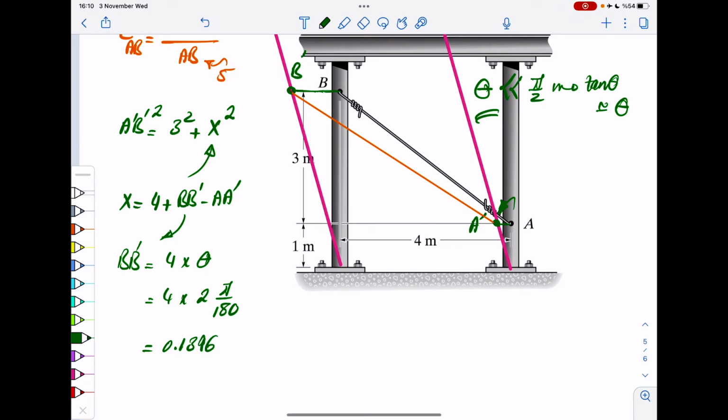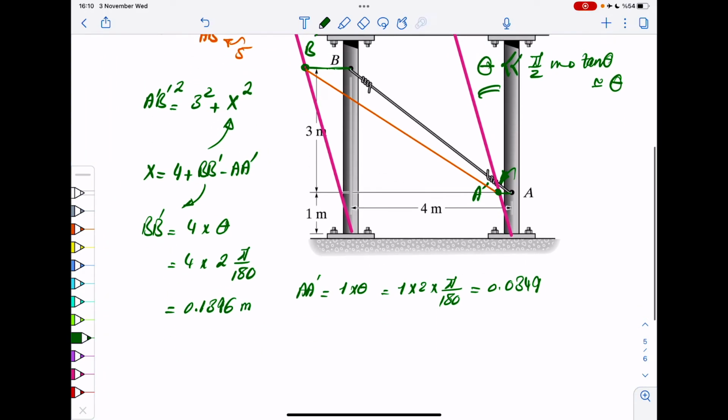0.1396 meters. A prime, on the other hand, it would be just 1 times theta, because that little height is just 1. So that would be 1 times 2 times pi over 180, which is 0.0349.